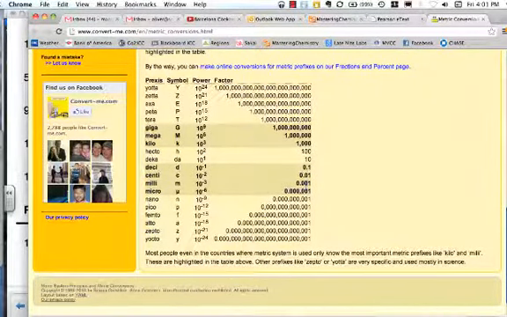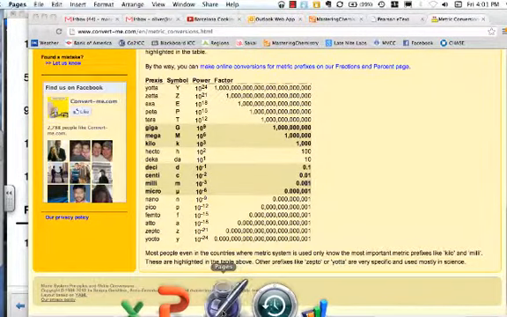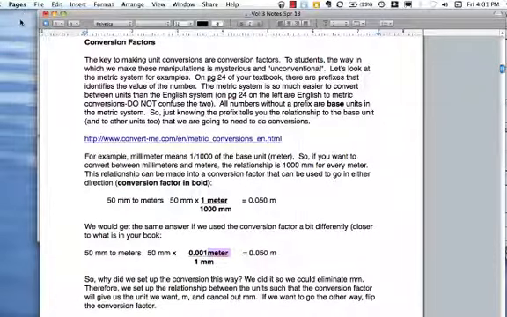So how do I do that? I'm trying to get out of millimeter, so millimeter needs to be on the bottom. Trying to get to meters, so that part goes on top. If I'm using the table literally, then I will put the number that goes with the base unit on top. I kind of like the powers of 10 approach better, but this gives you exactly the same answer.